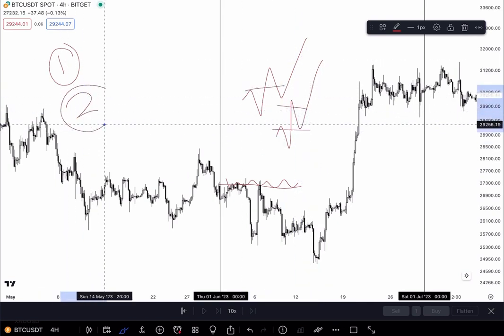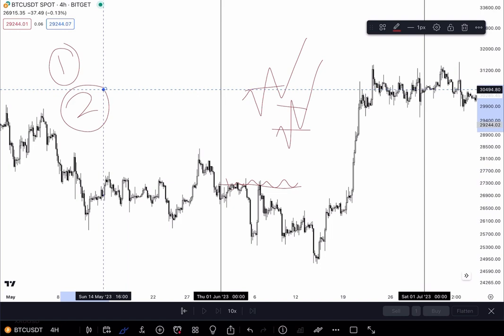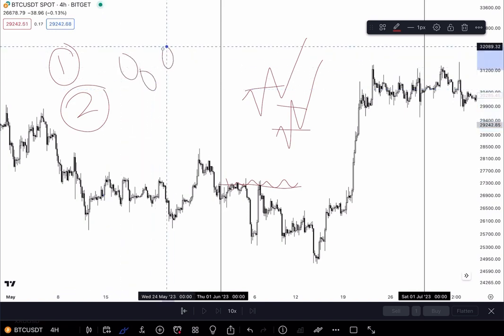Or you can simply wait for the sections of the candle to play out as they're supposed to. As I mentioned before, you got 1, 2, 3. Accumulation, wait for week 1 to accumulate, week 2 to manipulate, and then week 3 you're looking for buys.